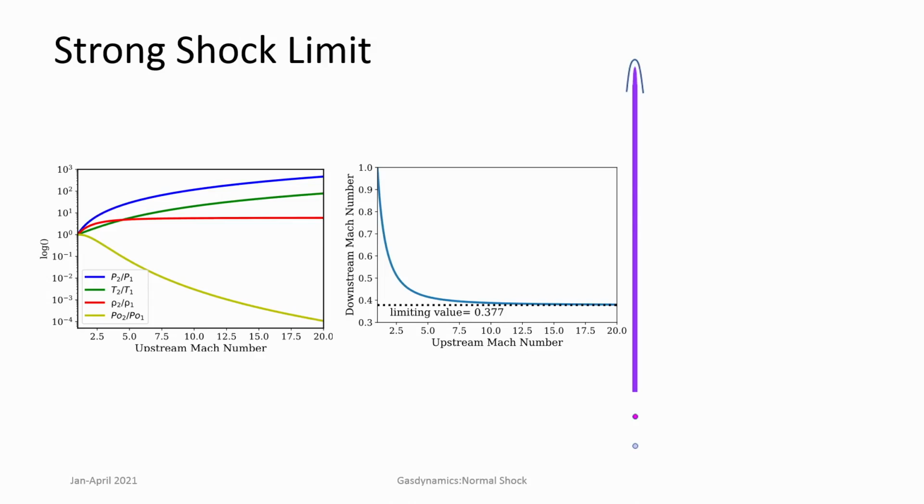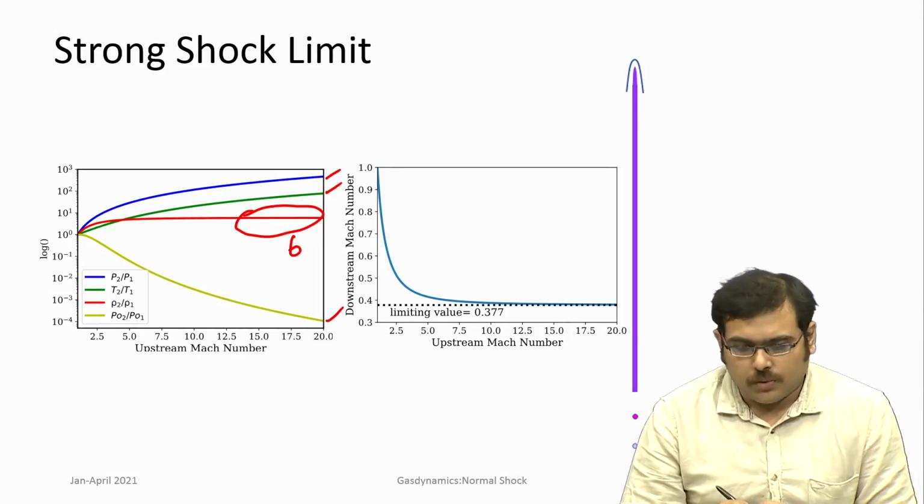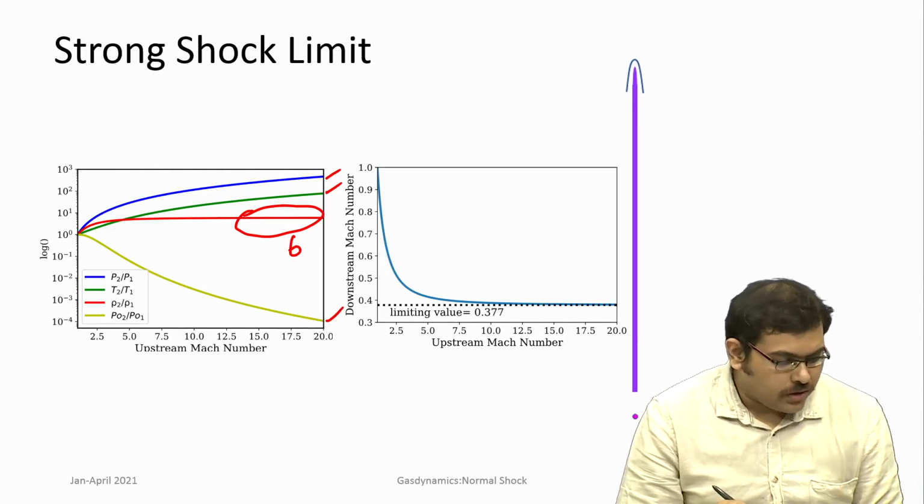As per our discussions of the strong shock limit, you can see that density quickly saturates here and the value should be 6, and the downstream Mach number saturates to 0.377, while the pressure ratio and temperature ratio keep increasing, and the stagnation pressure ratio continues to decrease and can decrease to 0. So this is the strong shock limit.